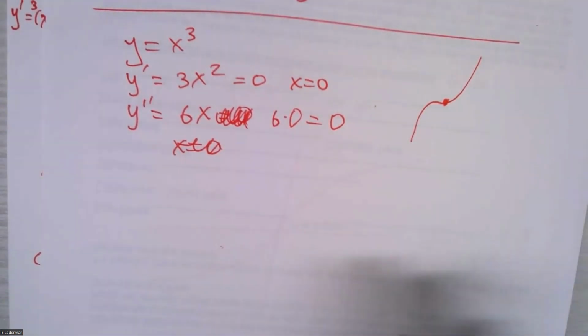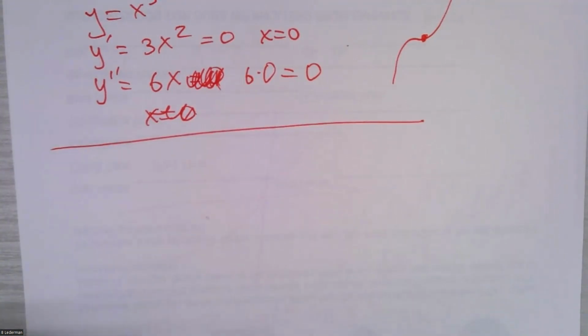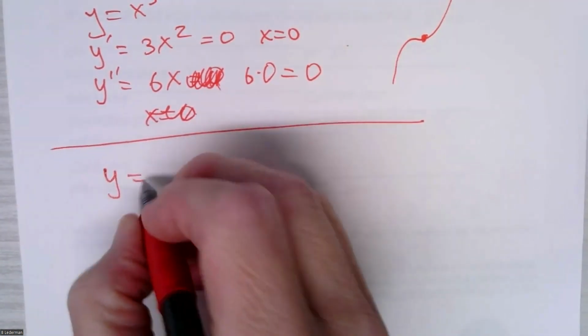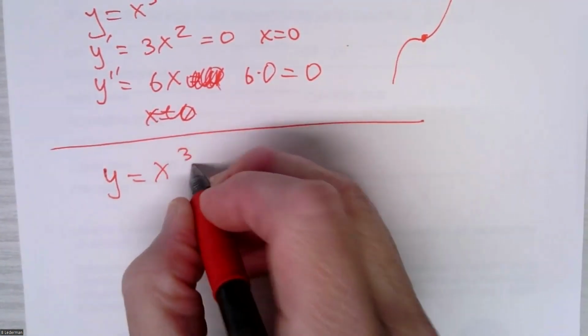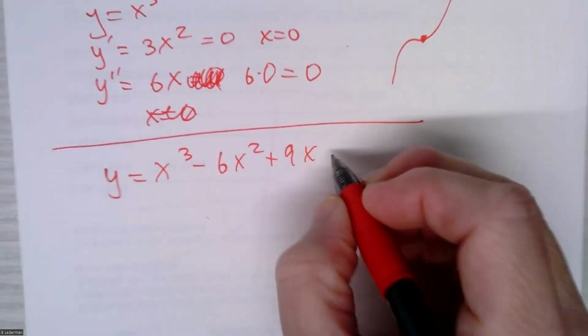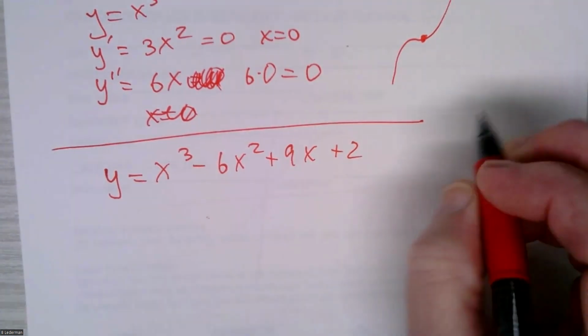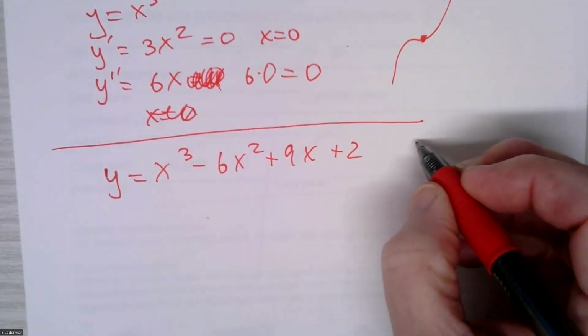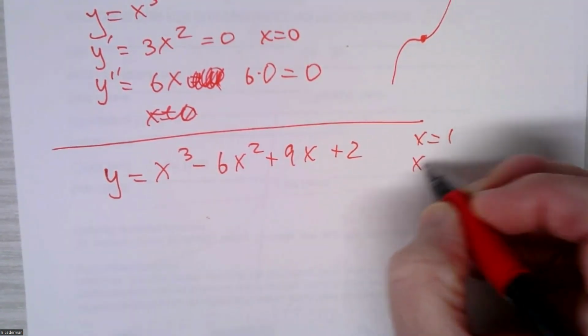Now let's look at the problem we had at the beginning of today: y equals x to the third minus 6x squared plus 9x plus 2. Remember, the critical numbers were x equals 1 and x equals 3.